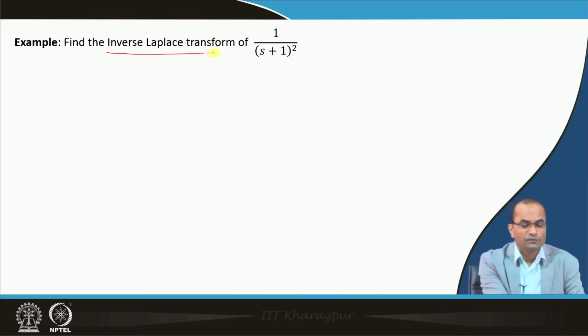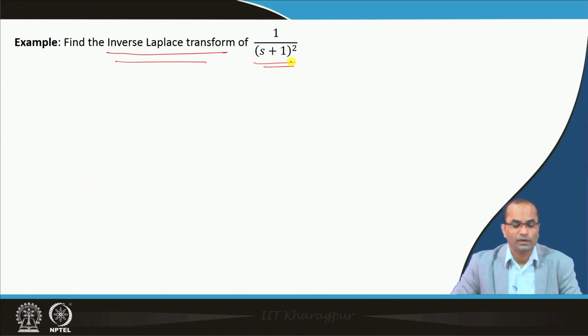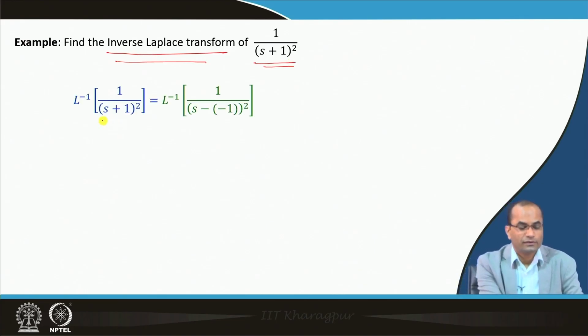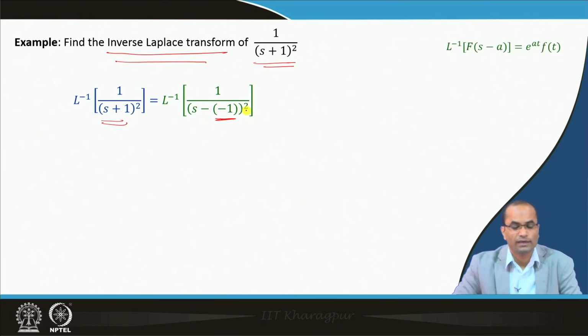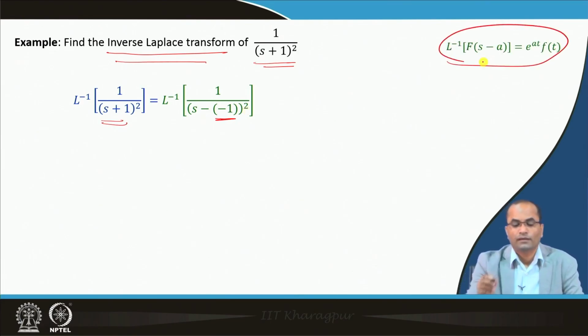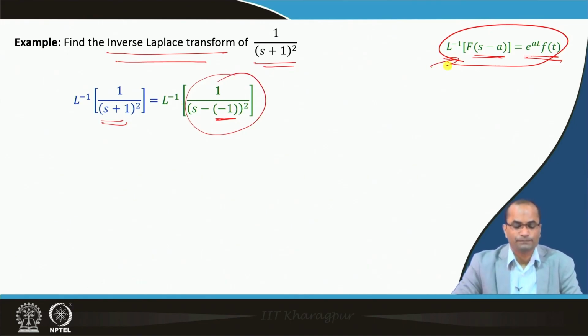We want to find now the inverse Laplace transform, for instance, of the function 1 over (s plus 1) squared. In that case we will rewrite this as s minus a, where a is minus 1 now, whole squared, and then we can use the shifting property that the Laplace inverse of F(s minus a) is e to the power a t times f(t).